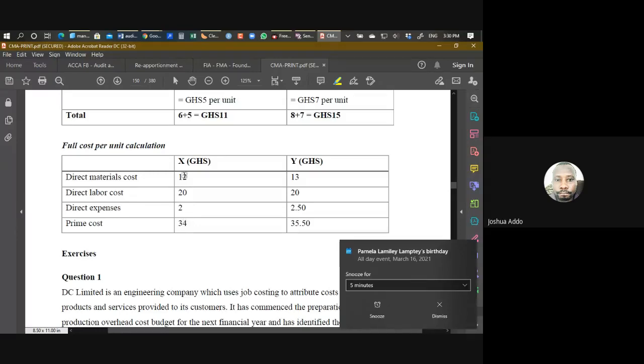This 34 is only the prime costs, and you can know it from the question. So this solution was not complete. We add this 11 to the 34, which will give us 45. And add this 15 to this 35.5, which will give us 50.5. Are you okay? Yes, sir.